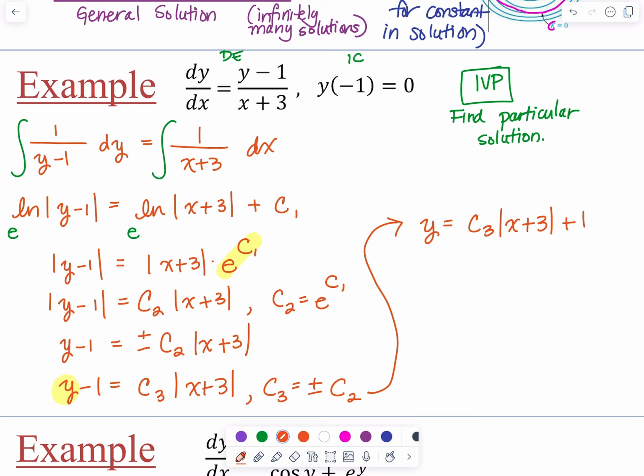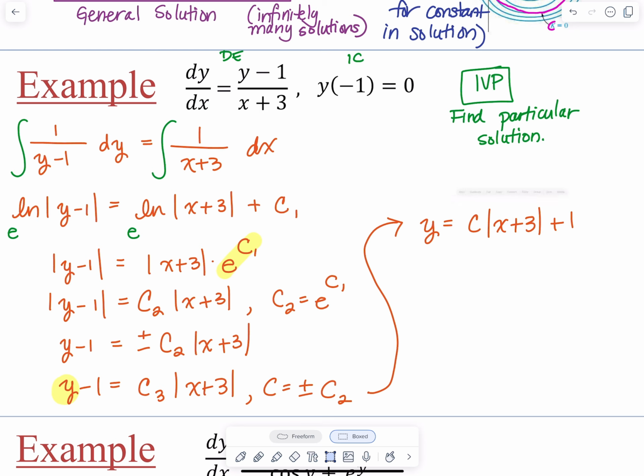Since this is our last constant, we can take that c3 off and just have c, where c is plus or minus c2, and this is c multiplied by the absolute value of x plus 3 plus 1. Now we could have removed these two absolute values, since we did plus or minus on both sides of the equation, and now we have our general solution.